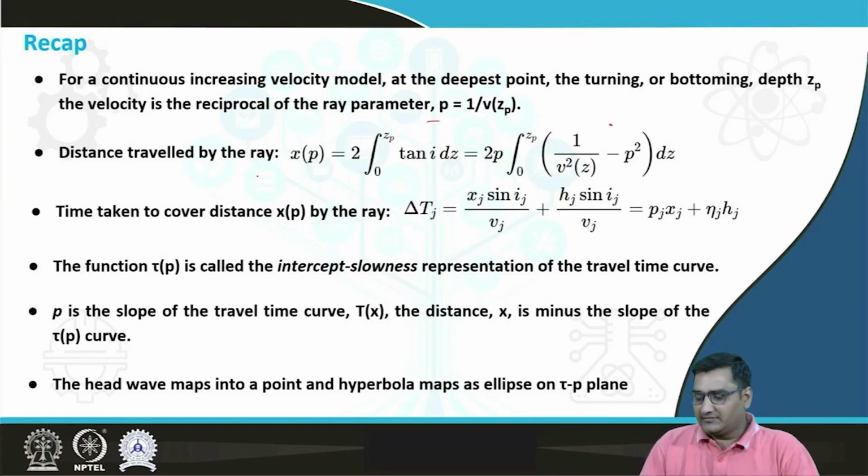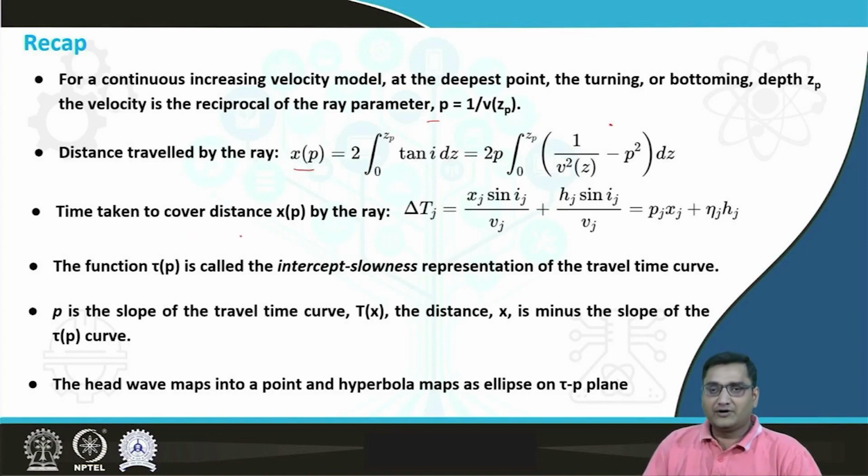The distance travelled by the ray as a function of ray parameter can be written as twice the integral from 0 to bottoming depth Zp, tan of incident angle dz, which equals, in terms of ray parameter and velocity, the integral over 0 to Zp of 1 by v square minus p square dz.